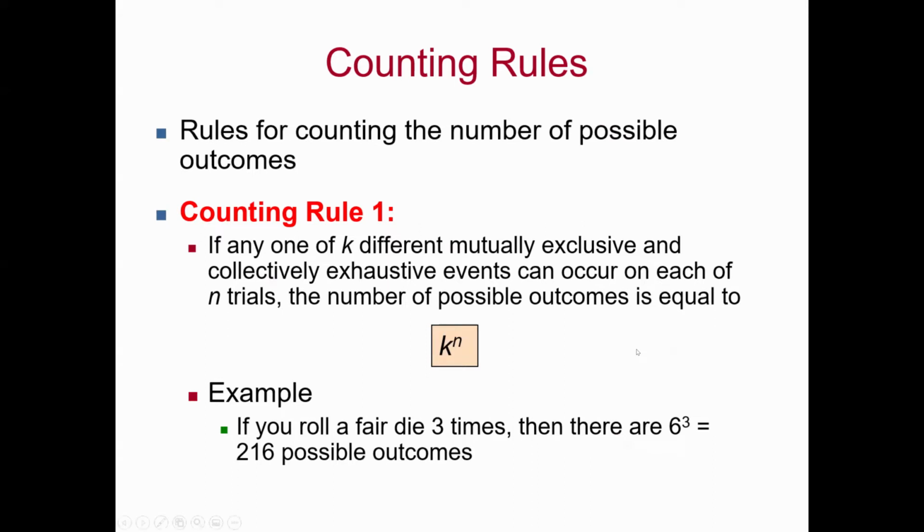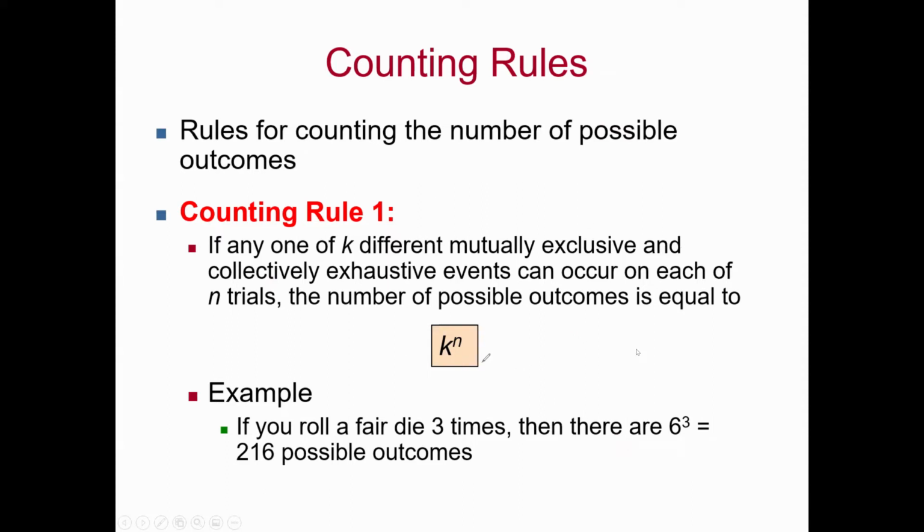Next, we have looked into counting rules. Counting rules are important to find out the total sample space. Sometimes when you are dealing with events, we will have a large sample space. We can find out the sample space based on simple counting rules, which we can go through here. There are 5 rules.